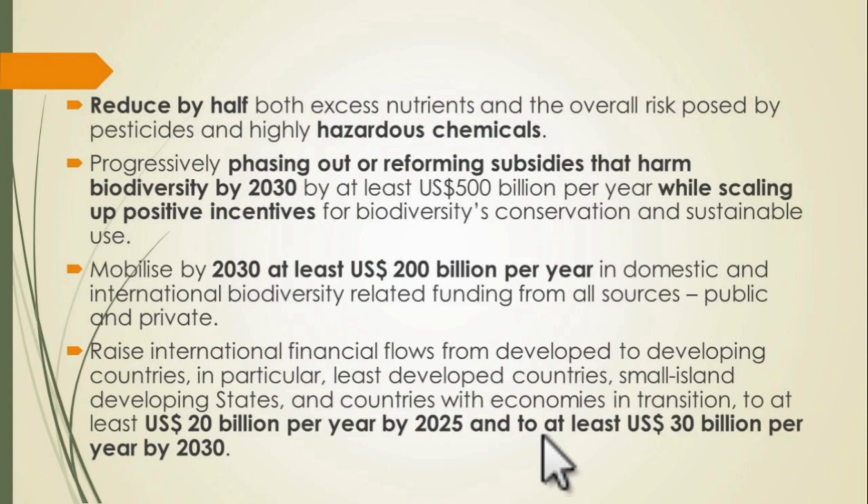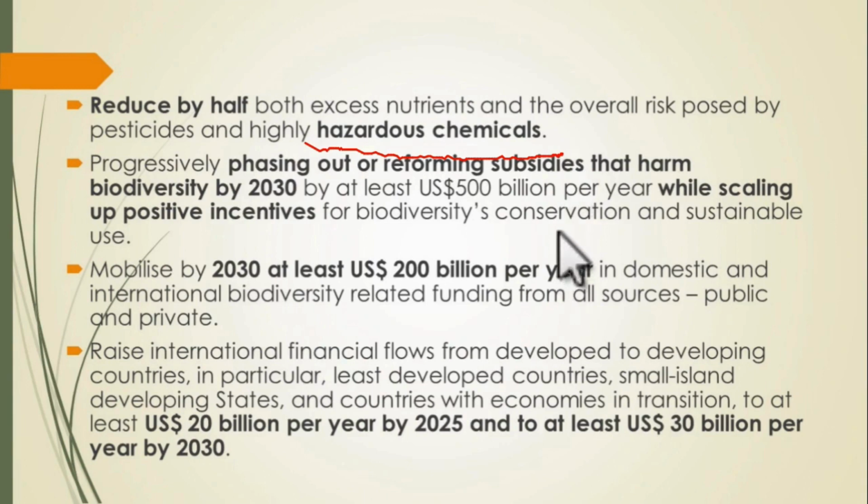Then what? CBD has taken very important decisions on hazardous chemicals and pesticides. Reduced by half, both what? Nutrients and pesticides. So fertilizers and pesticides which are very hazardous for biodiversity should be reduced by half.